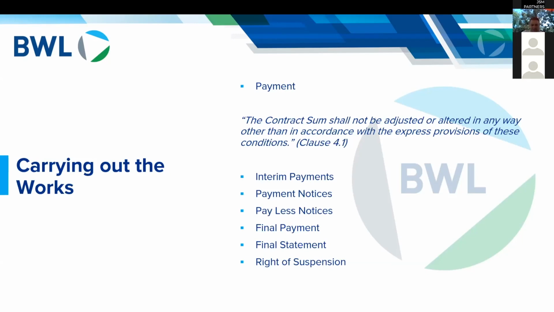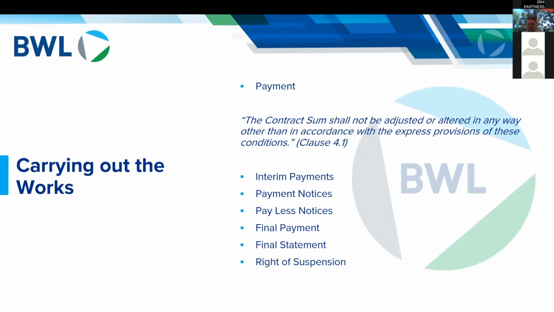So what the process is: step one, make the application. That's the contractor. Step two, issue a payment notice. That's by the developer or the employer. If you don't do that, then the contractor's application becomes the payment notice.